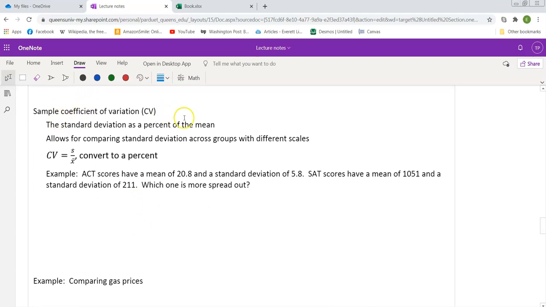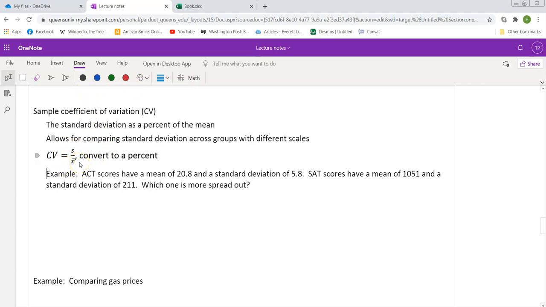The coefficient of variation is a calculation that can be really useful. Coefficient of variation allows you to compare standard deviations across groups where you have different scales. It's calculated as S, or the sample standard deviation, divided by the sample mean.